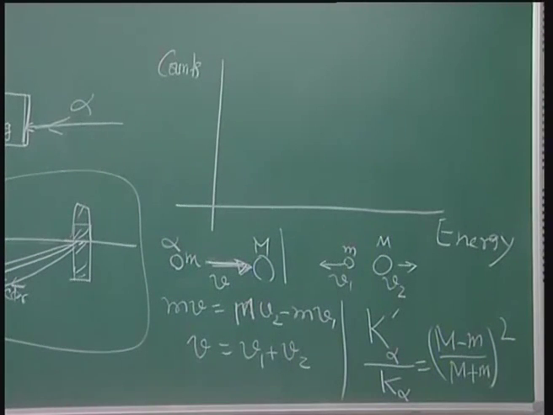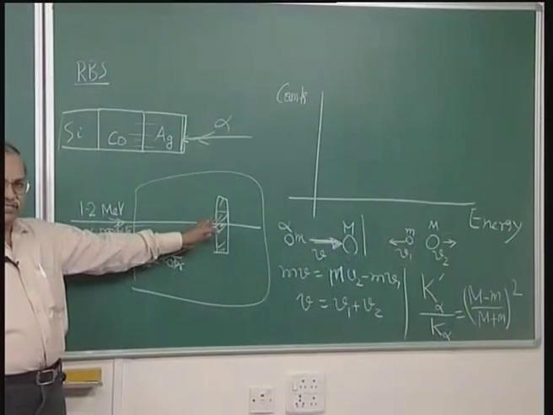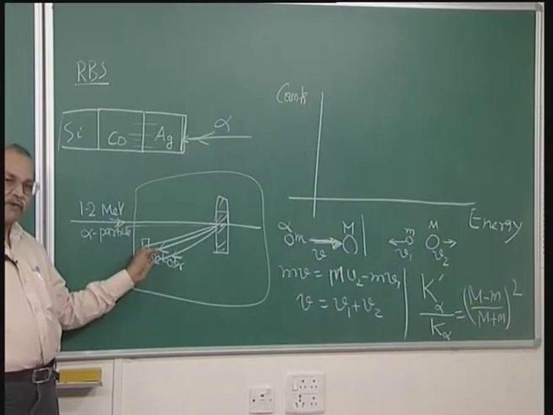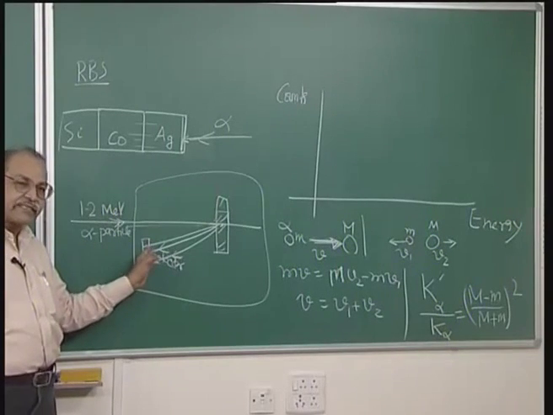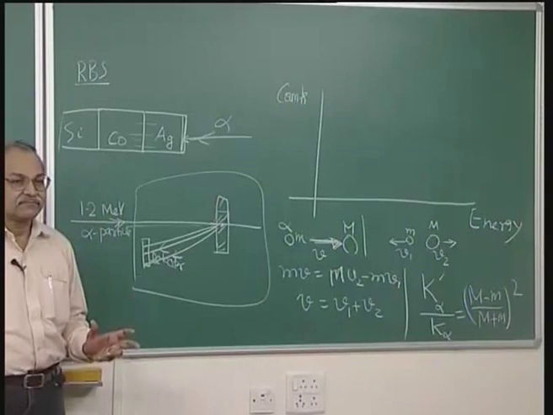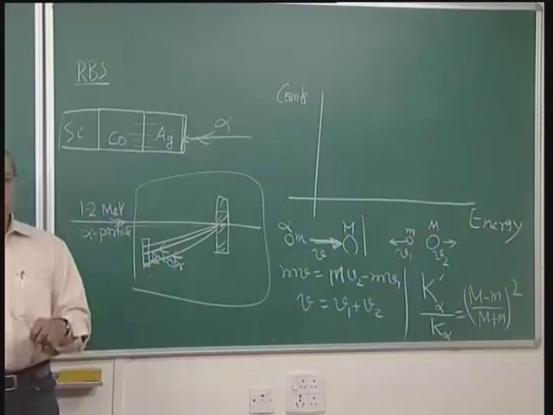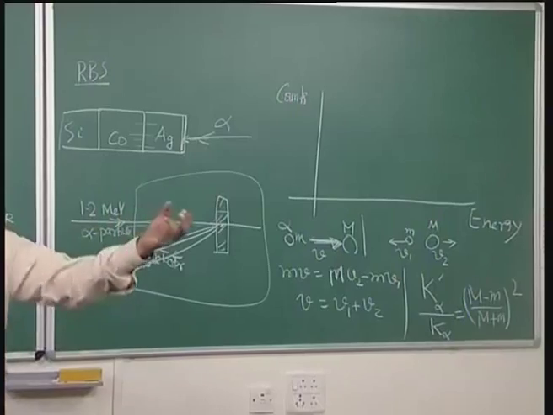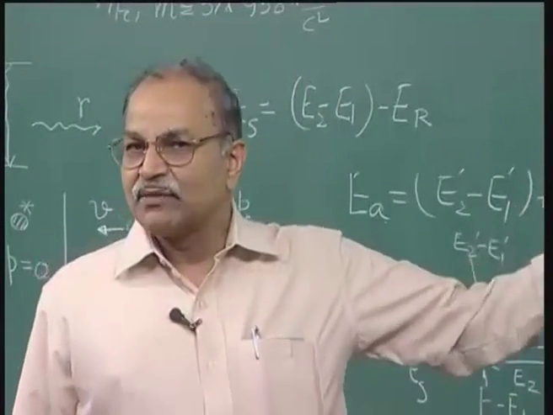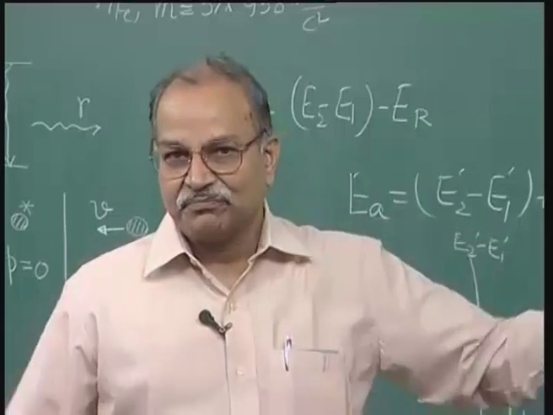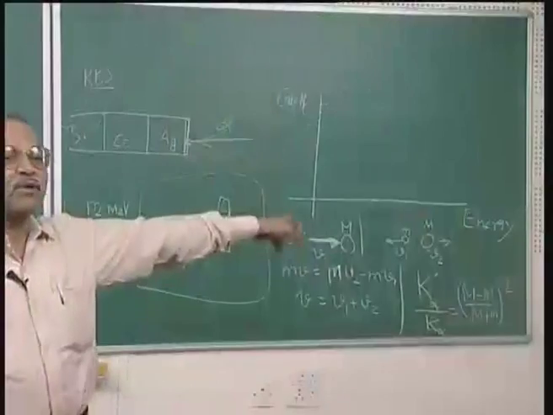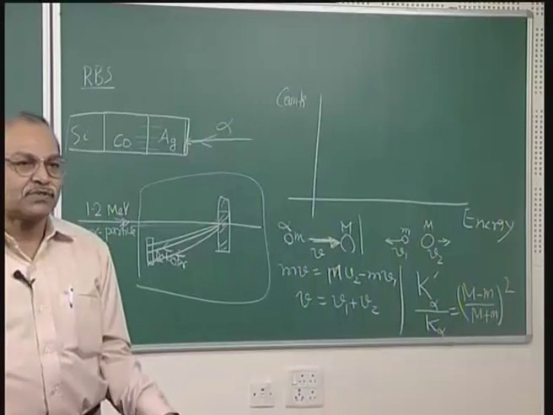So, if it is scattered from the surface, the energy of this alpha particle as detected here will be reduced by this factor. If you take account of the proper theta at which the detector is placed, the expression will be slightly more complicated, and people do use that. This is only to show that there is a factor by which the kinetic energy is reduced.